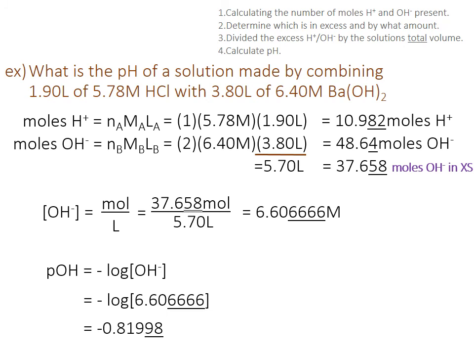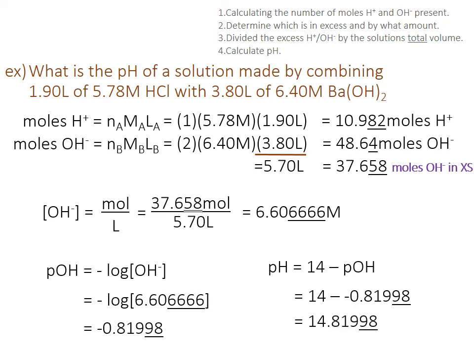We know that pH plus pOH equals 14, so pH will equal 14 subtract that pOH value. So 14 subtract negative 0.81998 gives me 14.81998. Correcting to 3 significant figures, I wind up with 14.820.